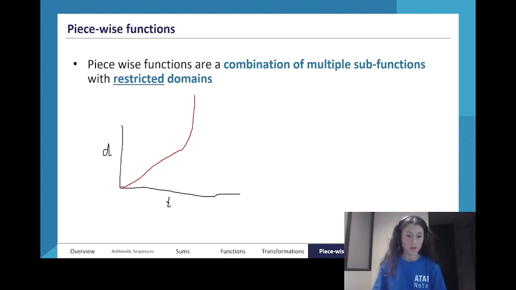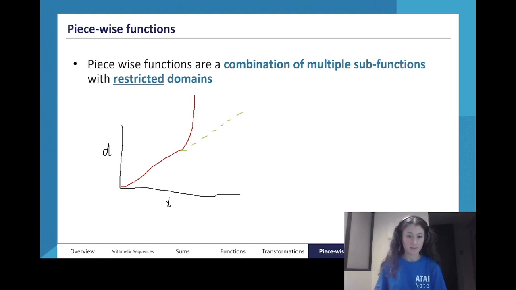So in this scenario, we would need a piecewise function to model your displacement, because your displacement can't be modeled with just one singular function. We need to model your displacement with multiple subfunctions. The other thing that you might notice is that I haven't drawn the rest of this linear curve.